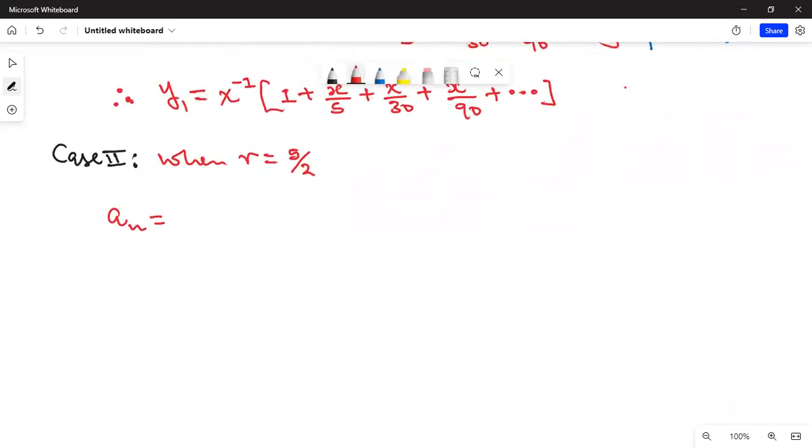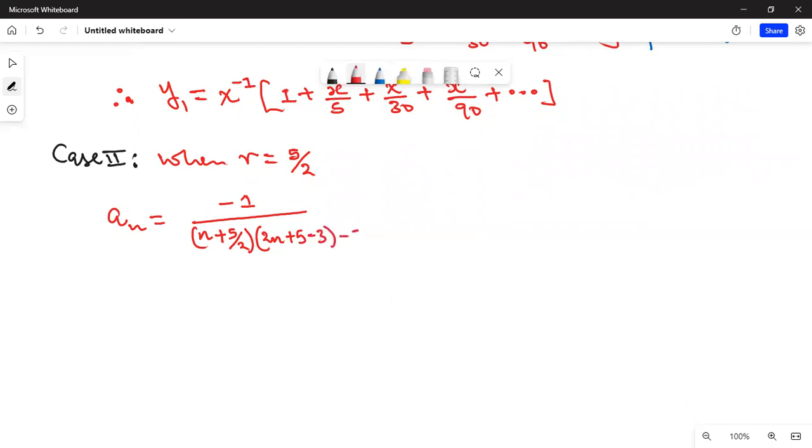That will give us -1 in the numerator over n plus r. Remember it is n plus 5 over 2, times 2n plus 2r. That will be 5, remember r is 5 over 2, so 2 times 5 over 2 gives you 5. So I'll write here plus 5. And it was minus 3.